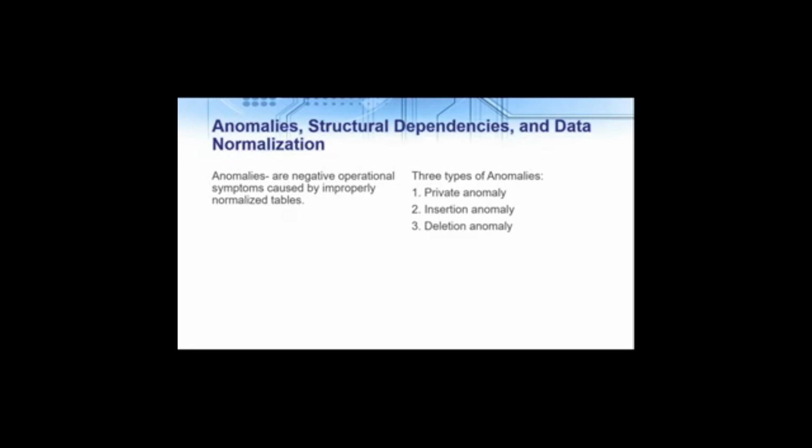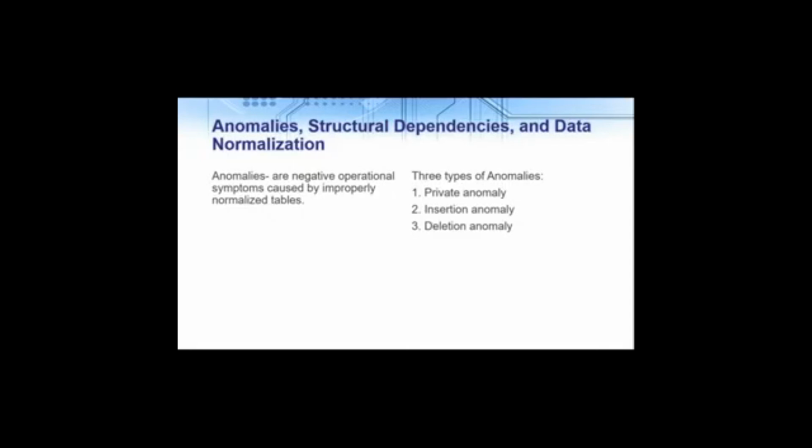First, the update anomaly. The update anomaly is the result of data redundancy in an unnormalized table. The second one, the insertion anomaly. The insertion anomaly demonstrates the effect when a new vendor has entered the marketplace.